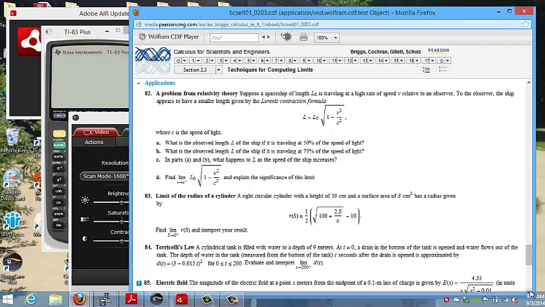So, just to get an idea of how that formula works, if I put in a really small velocity, well, in order to use this, we're going to need some values. C is the speed of light. Do you guys have a value for me for the speed of light?